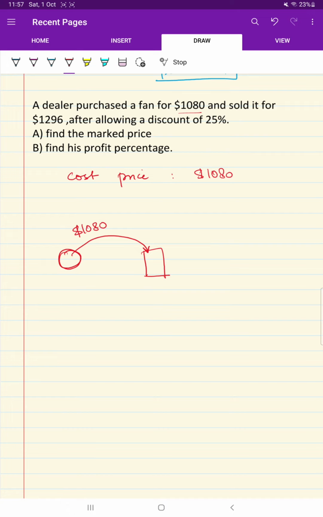So he is selling it at a price which is, let's say, X. So X is his selling price. But after deciding that the selling price was X, he said that I will give a discount of 25%. So basically, the discount here is 25% of X, right?